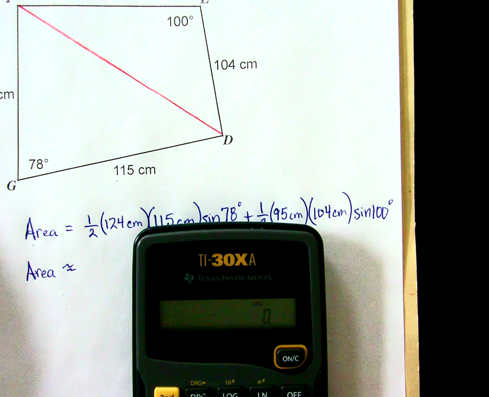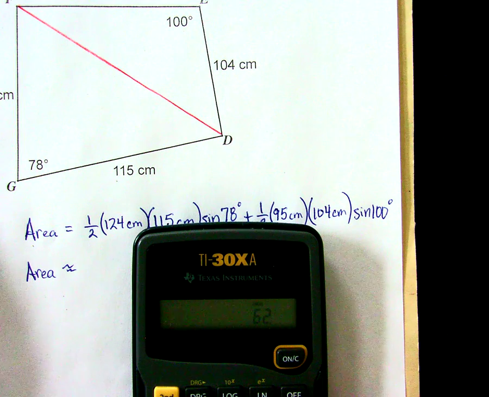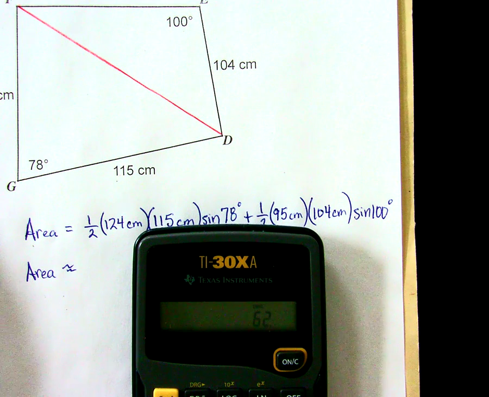So, 1/2 times 124 times 115 times, for this calculator, 78 sine.